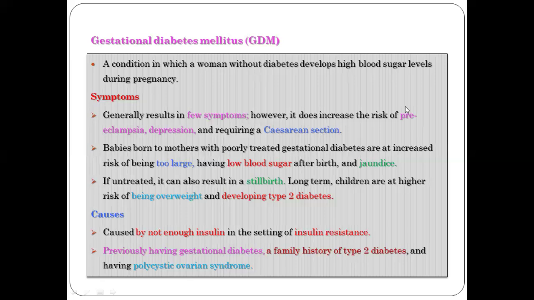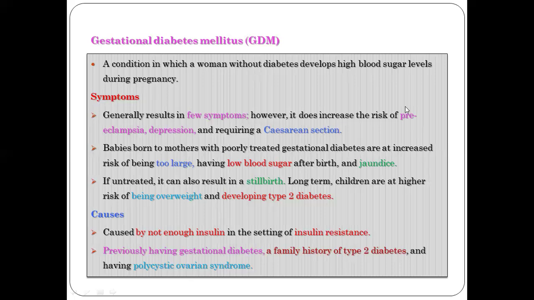So there are much more chances of obesity in that child after birth. And another is a higher risk of developing type 2 diabetes. So these two: obesity, and a higher risk for the development of type 2 diabetes.